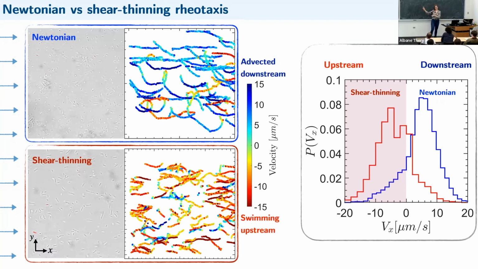And in particular, it doesn't explain the second effect that I'll show after. So there is a bit of a velocity difference in the shear thinning fluid. They're a bit faster, but it's not what we're seeing here. No, so that's with the local flow. And we're just rescaling usually by the swimming velocity. So it's V over their swimming velocity without flow.